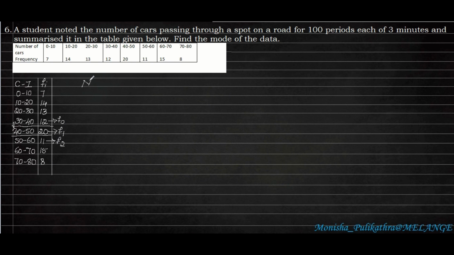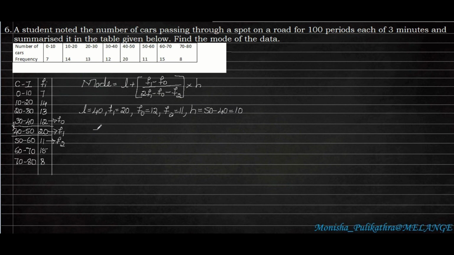So next we have to write the formula of mode. Mode is equal to L plus (F1 minus F0) divided by (2F1 minus F0 minus F2) into H. Here lower limit is 40, F1 is 20, F0 is 12 and F2 is 11, and class size H is the difference between the class limits, 50 minus 40, that is 10.